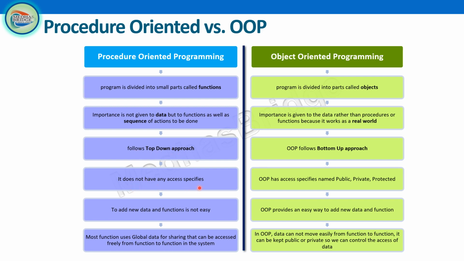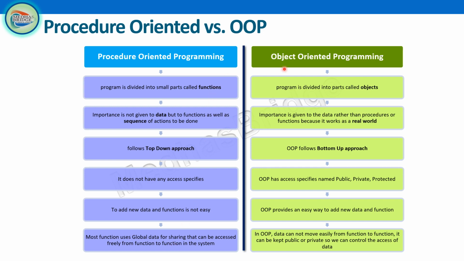It does not have any access specifiers. Adding new data or functions to the existing program is not easy in procedure-oriented programming. Most of the functions use global data for sharing that can be accessed freely from function to function in the system. In a way, this is one of the disadvantages.